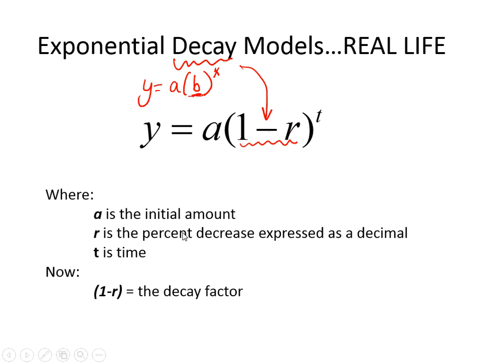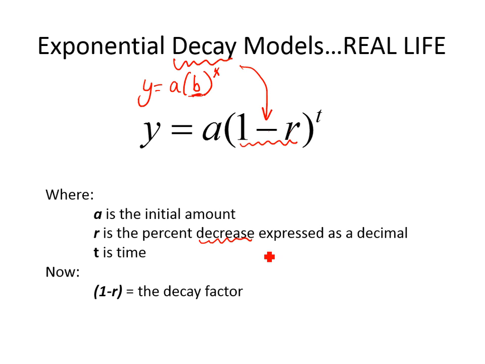And when I'm graphing, I'm given the decay factor. But in real world, you have to find the decay factor. So you have to take 1 minus the percent that it's decreasing by. So again, little a is the initial amount. R is the percent decrease, decline, depreciate, goes down.